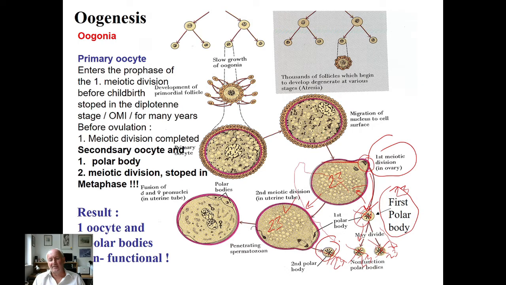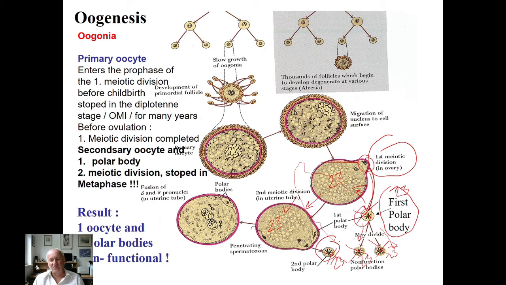Second interesting difference is the development. The spermatozoa, 64 to 68 days, it's ready. And here, it stopped in the diplotene stage for 13 up to 50, 52, 55 years.